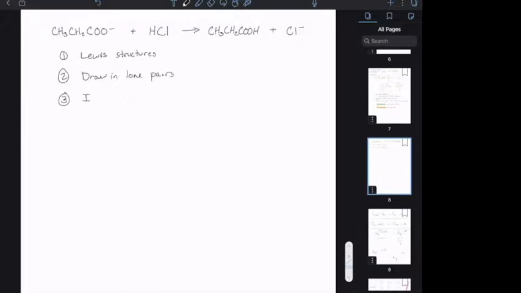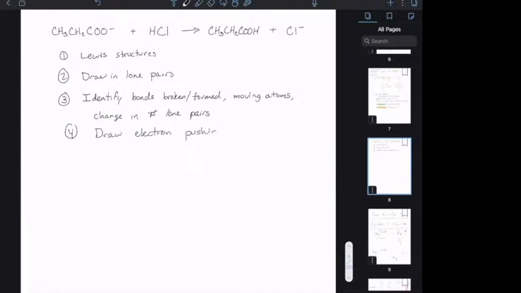Step three, identify bonds broken, formed, moving atoms, and change in number of lone pairs. And four, draw those electron pushing arrows.